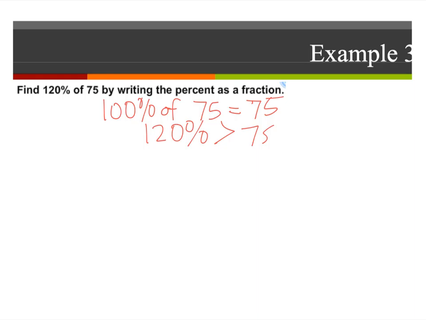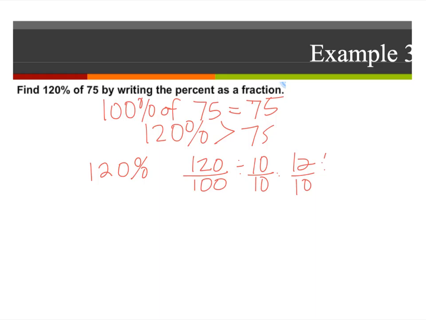So the first thing we do is we write 120% as a fraction. So remember, 120 over 100. Okay, we can reduce this to 6/5. If we divide by 10, we get 12 over 10, and then we divide by another 2, we get 6/5. Or you could just divide by 20.